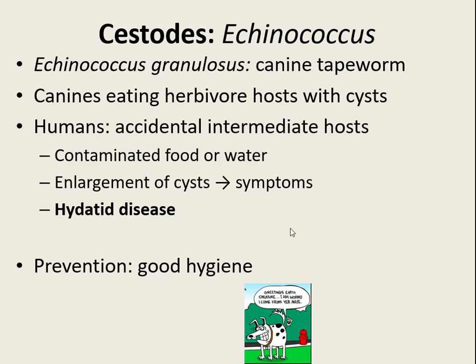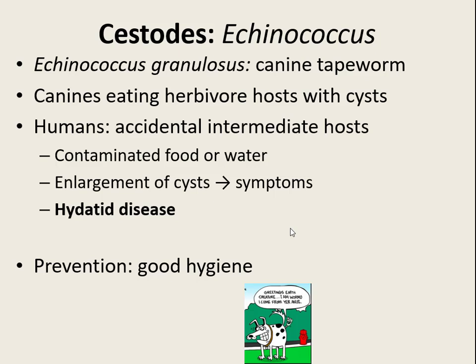The problem is, once we ingest those eggs, they could potentially develop into the larva, get into the circulatory system, and those larvae, wherever they end up, can form a cyst around themselves, waiting to finish the life cycle, pretty much waiting for a dog to eat us for it then to develop into its adult life cycle.